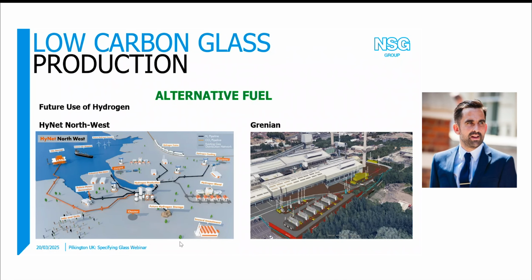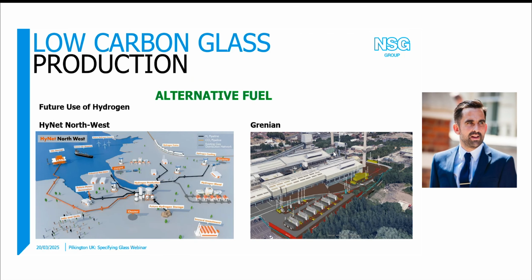Two very big hydrogen projects are underway for our UK operations, and they're both pretty exciting. The first one is the HyNet pipeline project. This is all about supplying blue hydrogen through the HyNet pipeline. Right now, it's planned to cover 40% of our glass float plant in St. Helens' energy needs. Eventually, it could hit 100% of the energy we need to fire the furnace.